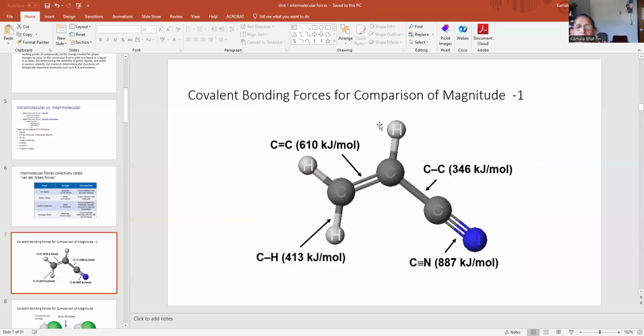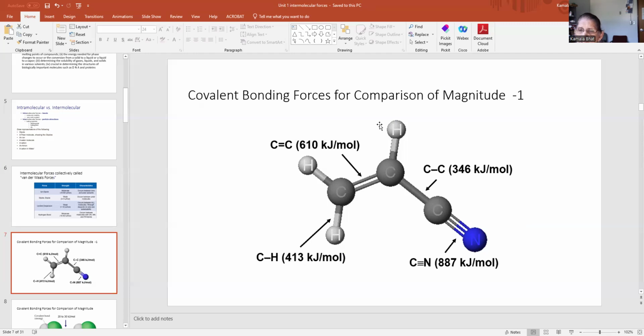Now, covalent bonding forces for comparison of magnitude. When you compare the intermolecular forces with that of a covalent bond in any molecule, for example, the figure that is shown, we see that the C double bond C is 610 kilojoules per mole.